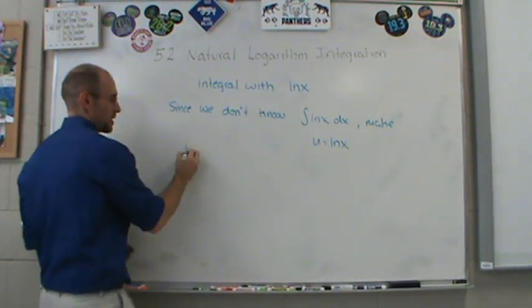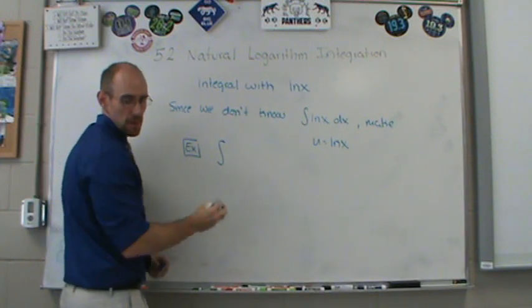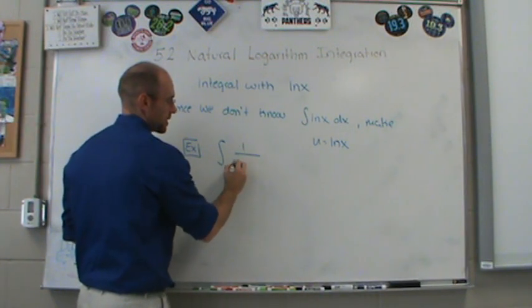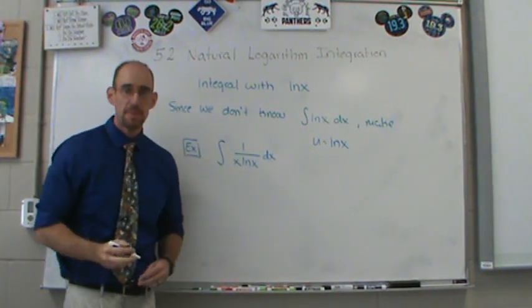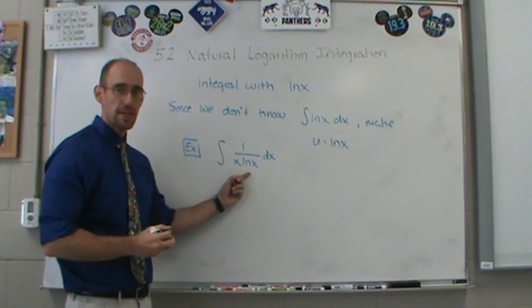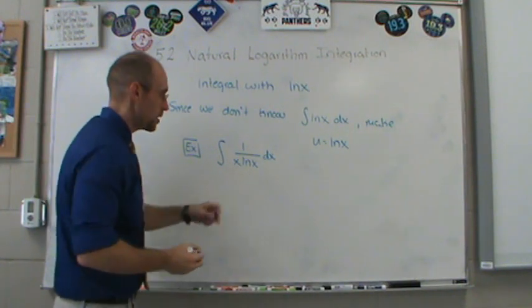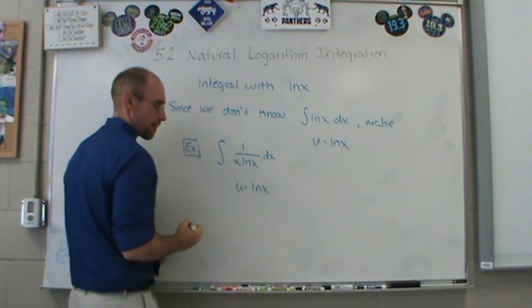So let's take a look at this example here. Integral of 1 over x natural log of x dx. Now again, we have this natural log of x. Anytime you see that natural log of x there, let's make that equal to our u. So u equals natural log of x.